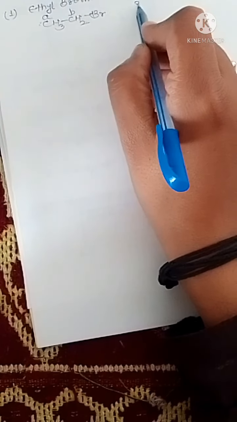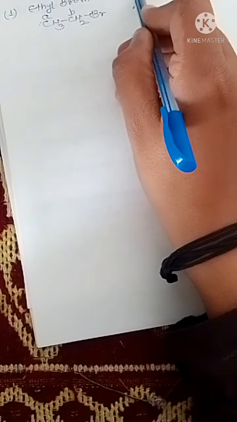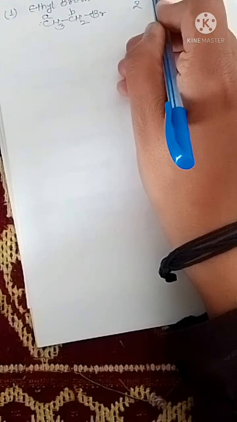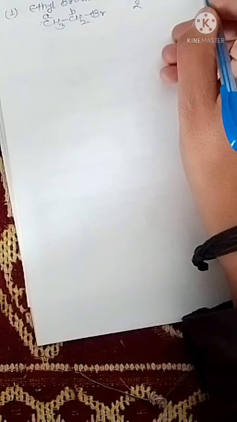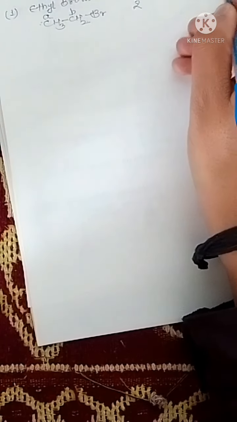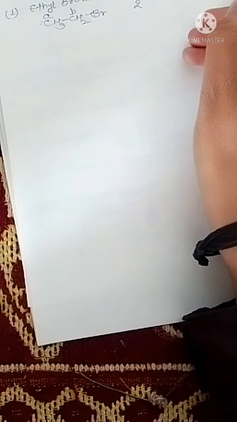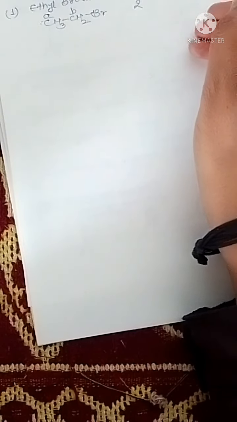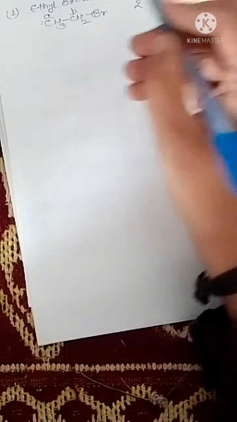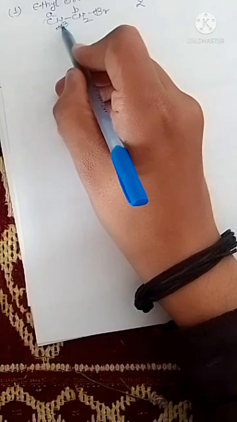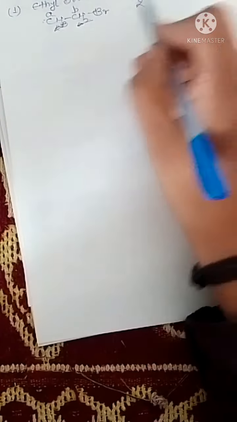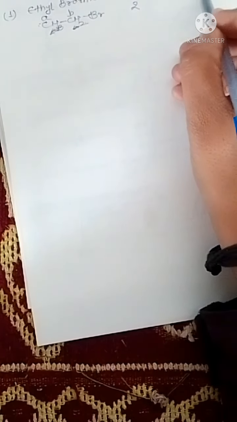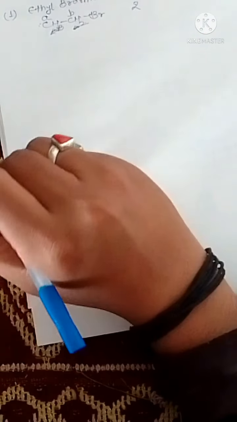So we obtain two signals. Now the next point is the intensity of the signals, that is the intensity ratio. This group contains 3 protons and this group contains 2 protons, and both are non-equivalent. So it is a 3:2 ratio.